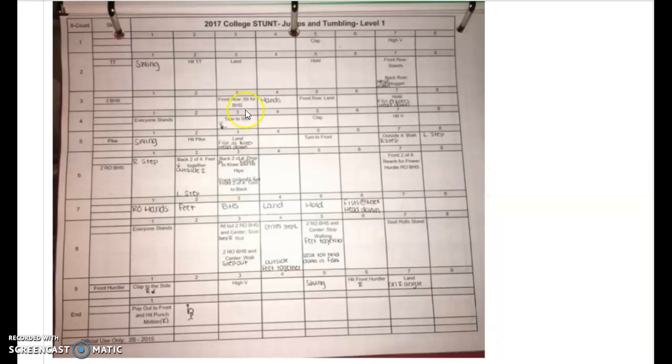So I want to show that the 1, 2, 3, 4, 5, 6, 7 is based on 8 count. We dance in 8 counts, we cheer in 8 counts, and at a certain moment, you should know at which count you should do a certain position or a certain move. So the counts are just listed for the coach to know and the dancer to know what mark you should be at during which count.